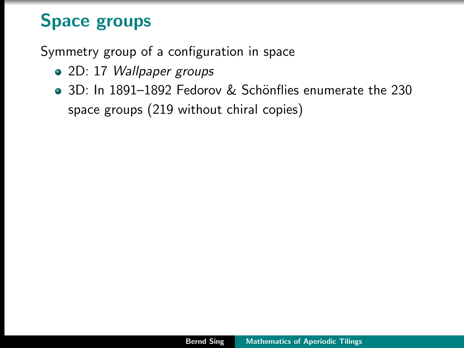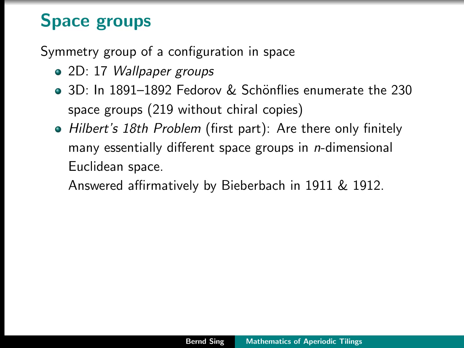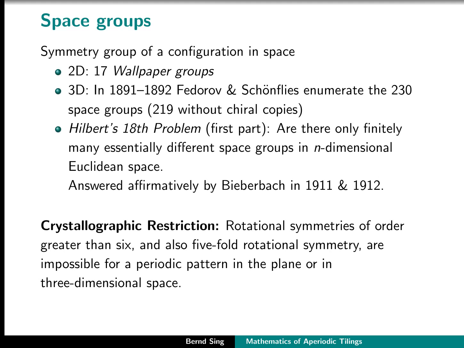Of course, mathematicians pushed on to higher dimensions and did some calculations there, but the important thing to notice here is that in 2 and 3 dimensions that surround us, periodic patterns like your bathroom floor, it's impossible for such a periodic pattern to have 5-fold rotational symmetry or rotational symmetries of order greater than 6. So 8-fold or 12-fold symmetries are not possible.